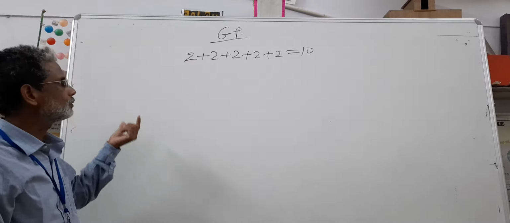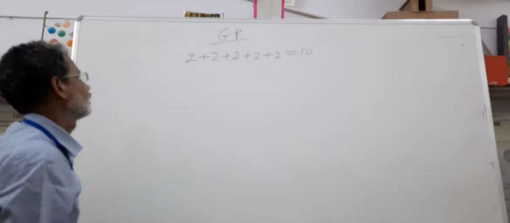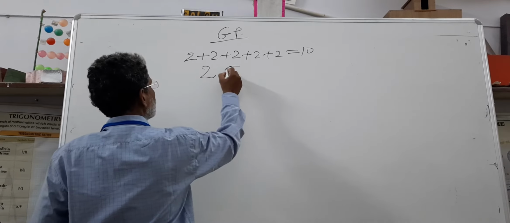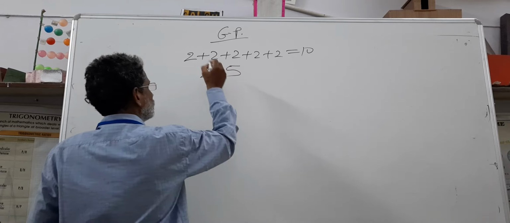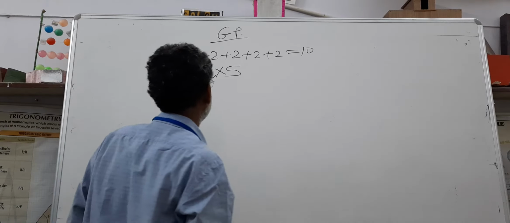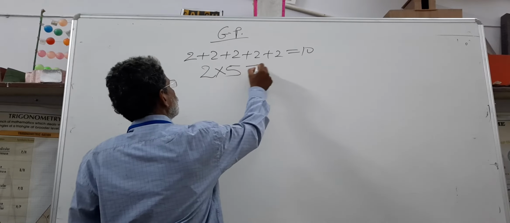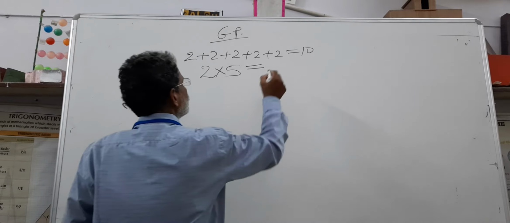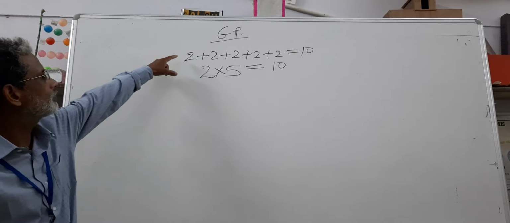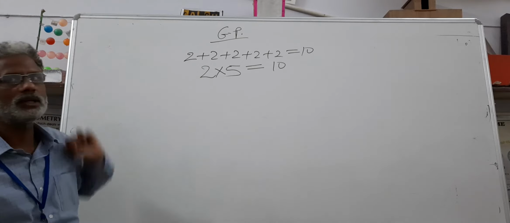You added 2 five times. If you place this sign between 2 and 5, 2 multiplied by 5, you will also get 10.